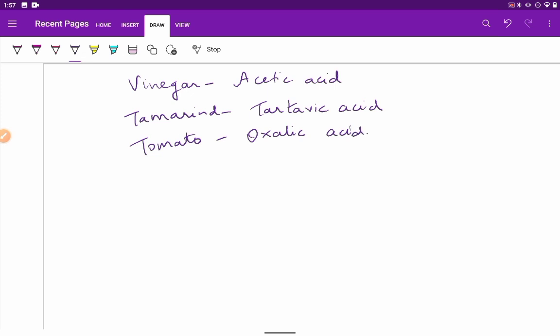We can remember, say, tamarind starts with Ta, tartaric acid, Ta. Tamarind has tartaric acid. Tomato shape is like O. It contains oxalic acid. Tomato has oxalic acid.